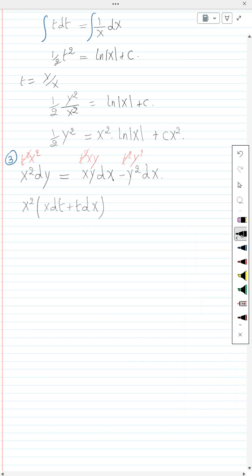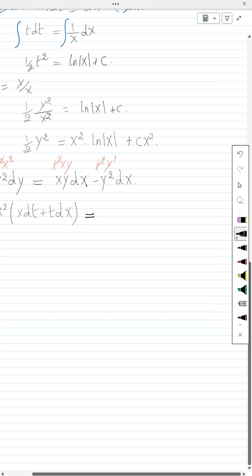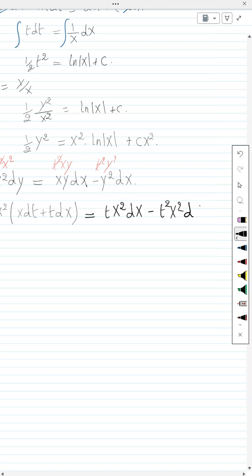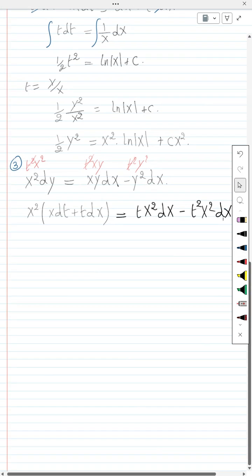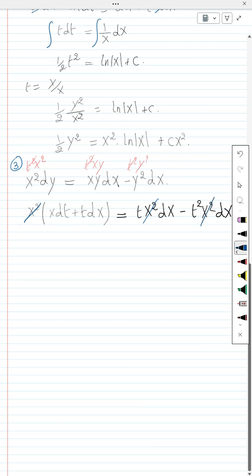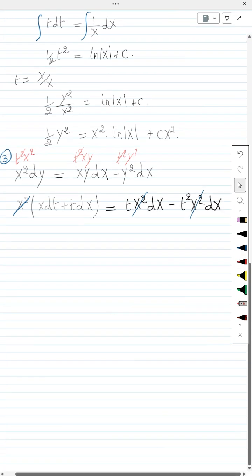It's going to be tx squared dx minus t squared x squared dx, and here we have some simplification: x squared, and t dx is going to be cancelled with this t dx, and we will end up with x dt equals minus t squared dx.